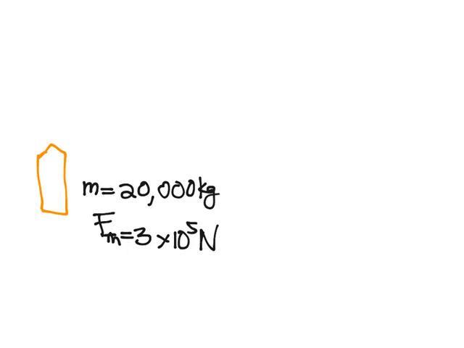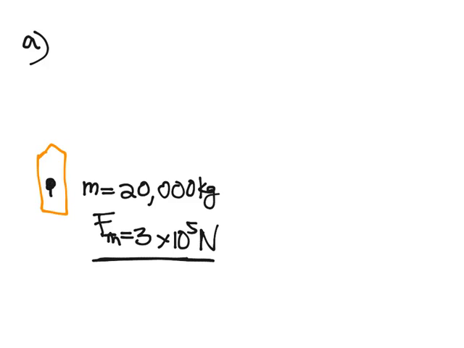In part A, we know a bunch of things about mass, we have some things about force, and it just wants acceleration, so I'm not going to deal with kinematics, I'm probably just going to use forces. I'm going to draw a free body diagram in the middle of my rocket.